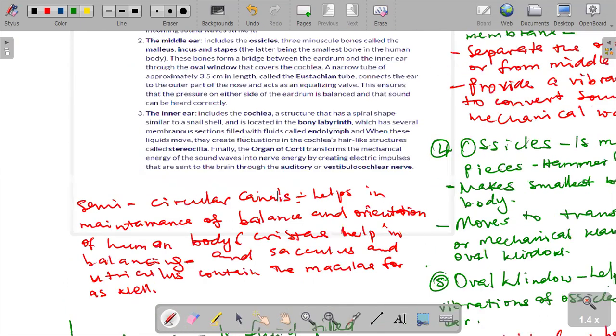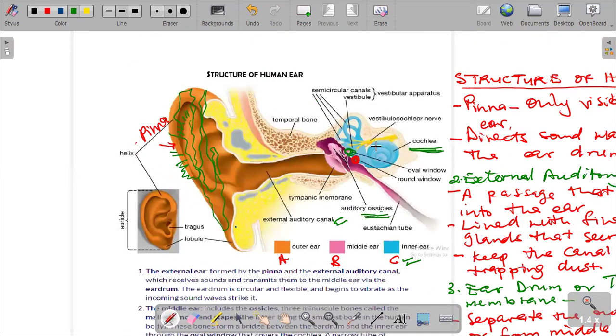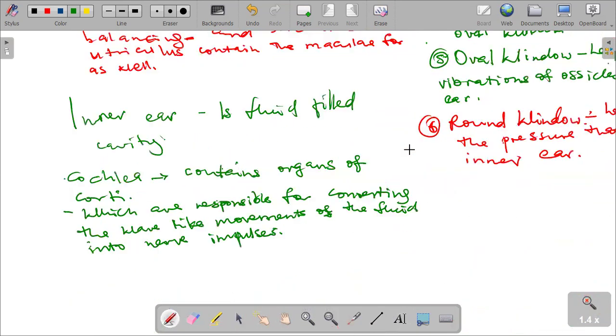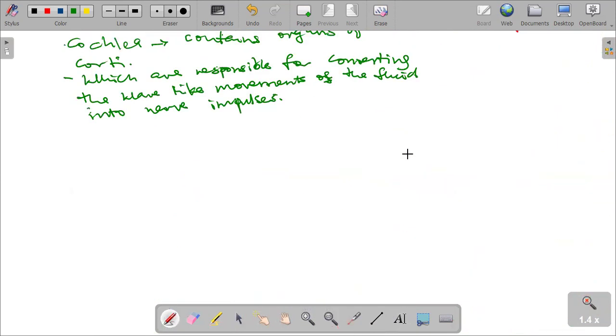As you can see from our diagram, we have the vestibulocochlear nerve, which can also be called the auditory nerve.